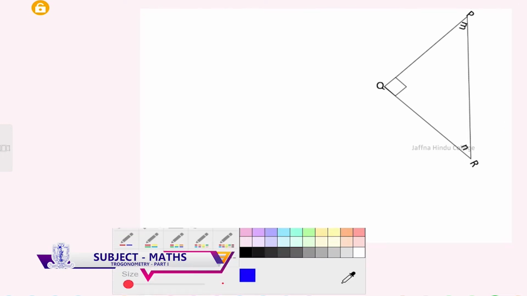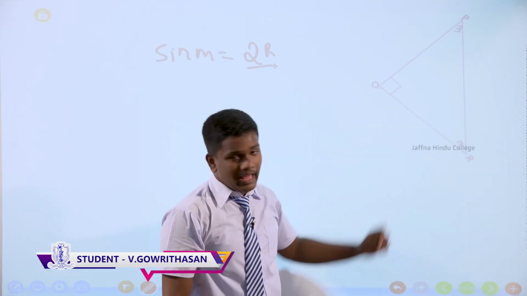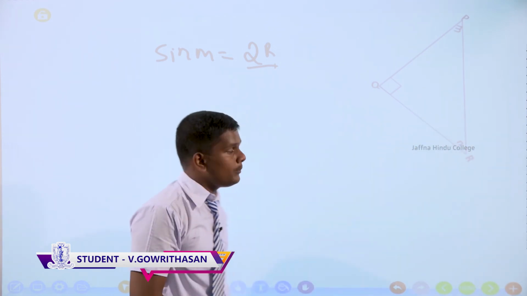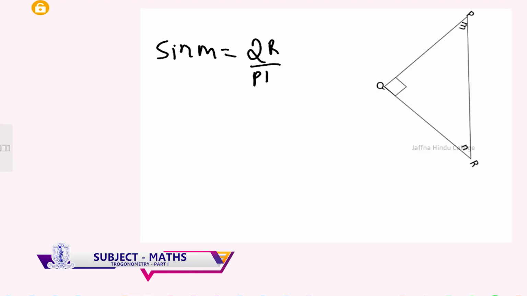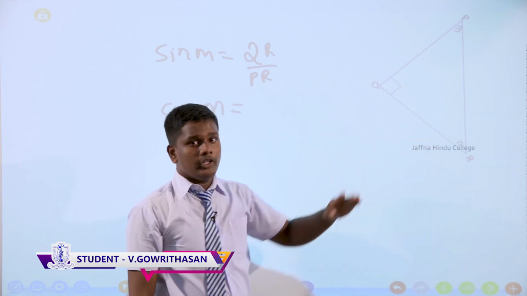So let's write the functions for the angle M. Sin M: opposite side QR and the hypotenuse, the side opposite to the right angle, PR. So cos M means adjacent side by hypotenuse.